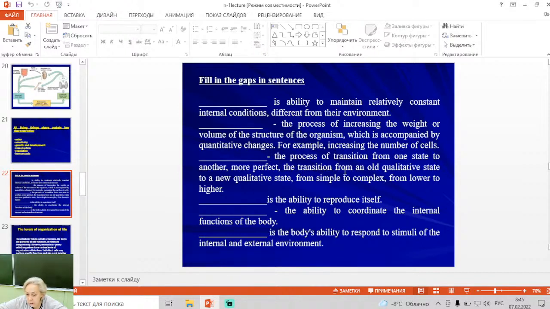The process of transition from one state to another more perfect, the transition from an old qualitative state to a new qualitative state, from simple to complex, from lower to higher. It's development. It is the ability to reproduce itself.